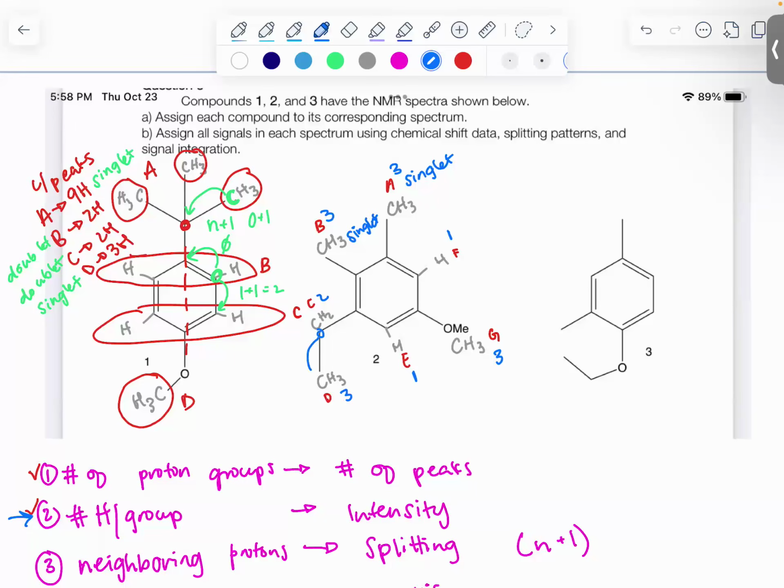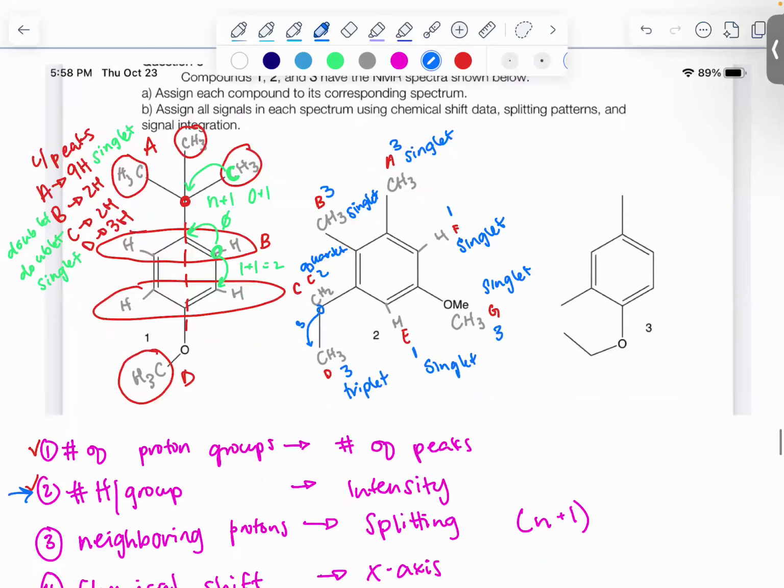So we see all 3 of our neighbors here. So C is a quartet. What about D? Triplet. E? F? G? Yep.